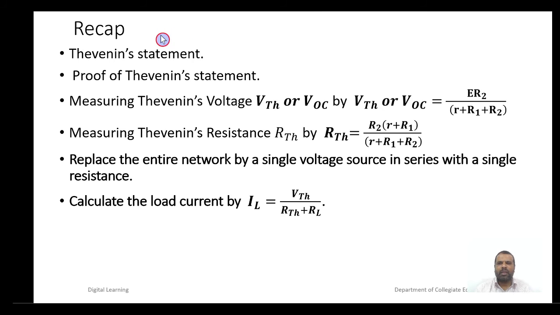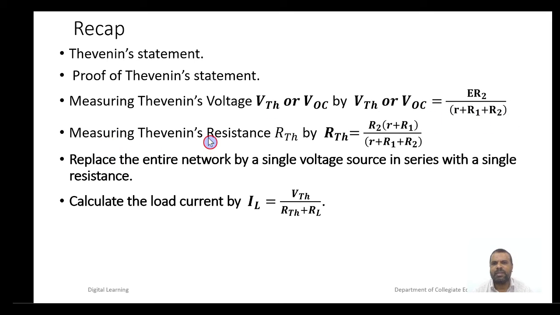The important equation terms in the Thevenin's theorem session are: the Thevenin's theorem, proof of Thevenin's statement, and measuring Thevenin's voltage VTH or VOC, which is equal to ER2 divided by R plus R1 plus R2.